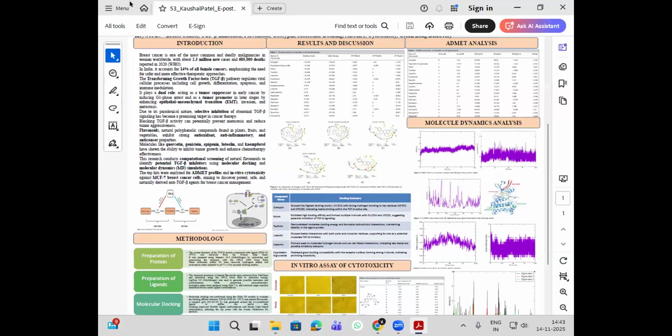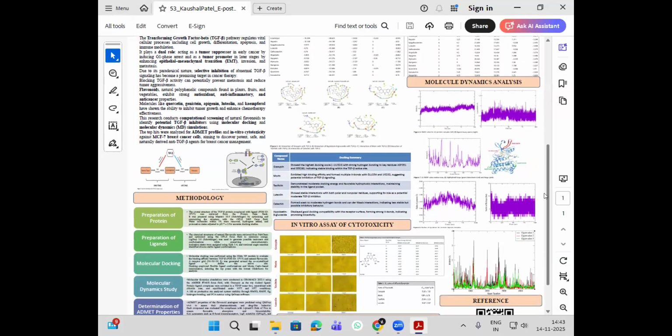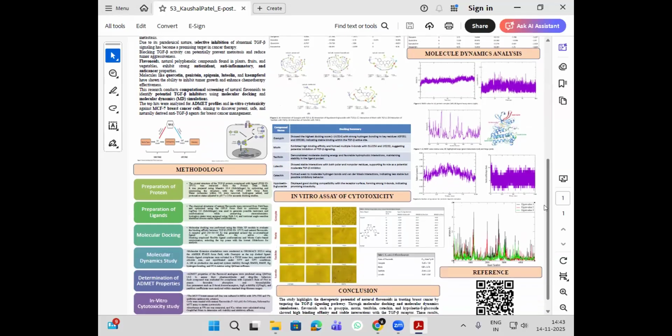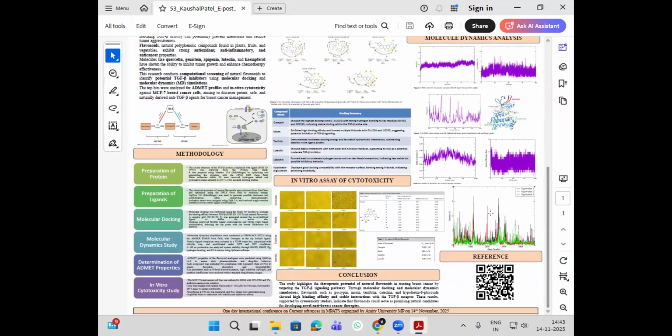And if we conclude, the in vitro MTT assay, when we performed the cell line study, also shows that the cells have a good response toward gossypin, and it shows good activity in breast cancer. So it can definitely be effective in the future and can work as a novel anti-breast cancer therapy.